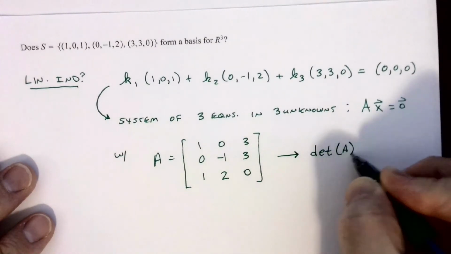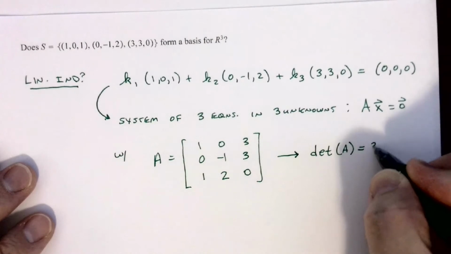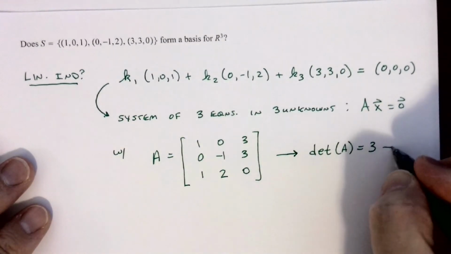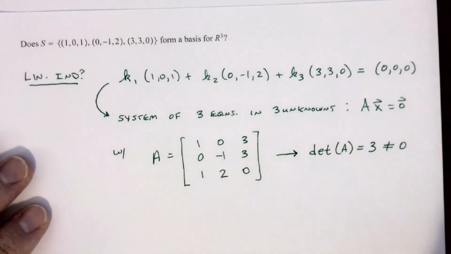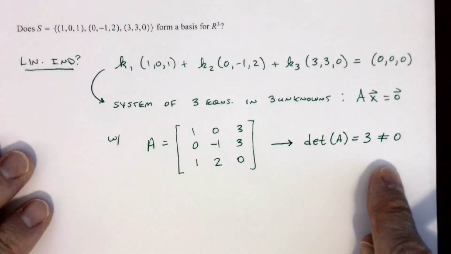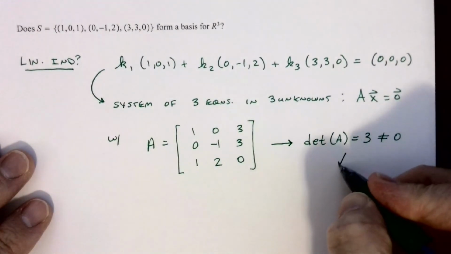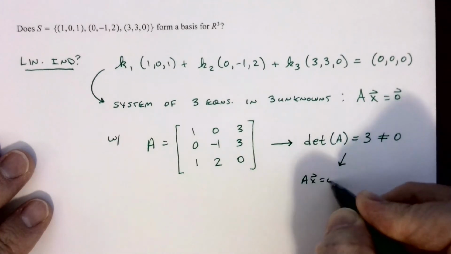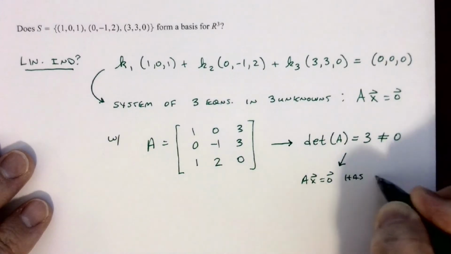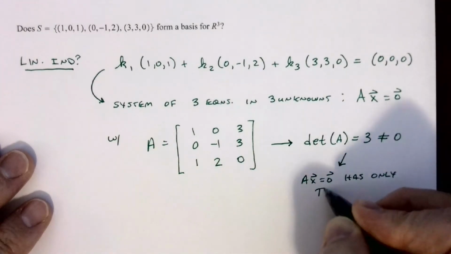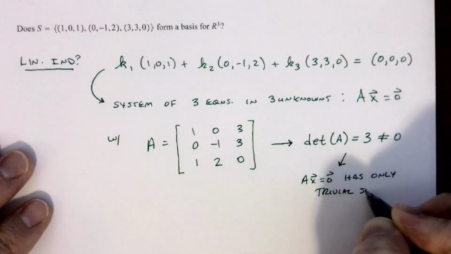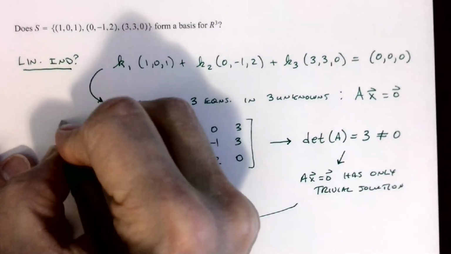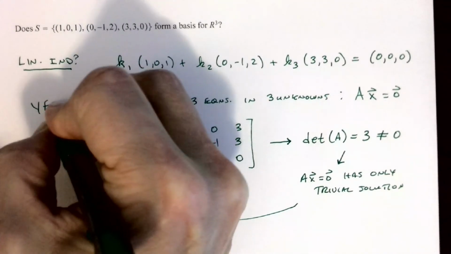If I take the determinant of A, I'll let you do that with your calculator, you'll get 3, right? Which is clearly not equal to 0. And therefore, what do we know? A is invertible, and AX equals 0 has only the trivial solution. And therefore, what do we know? Linearly independent? Yes.